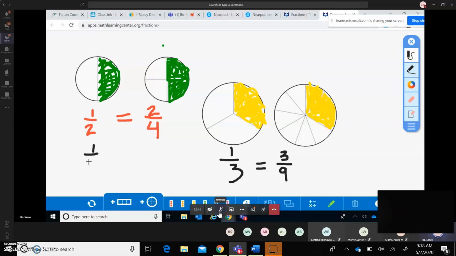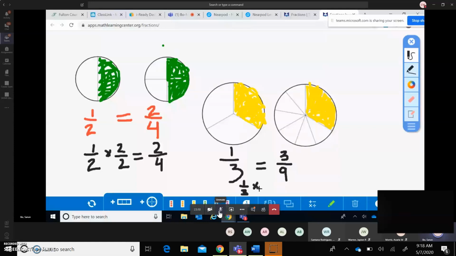So I just want to multiply by 2. I will get 2/4. See how multiplication is so important? And same thing with 1/3. I can't multiply by 2 because that would give me 2/6.